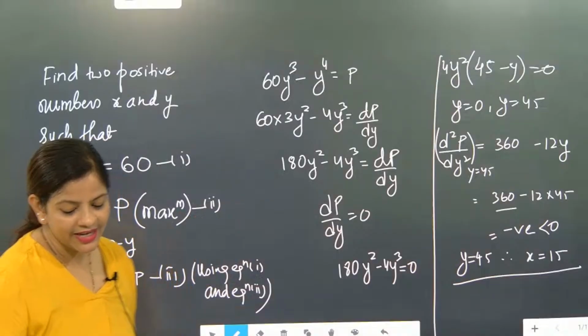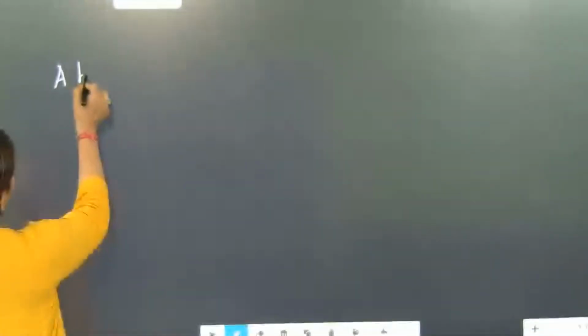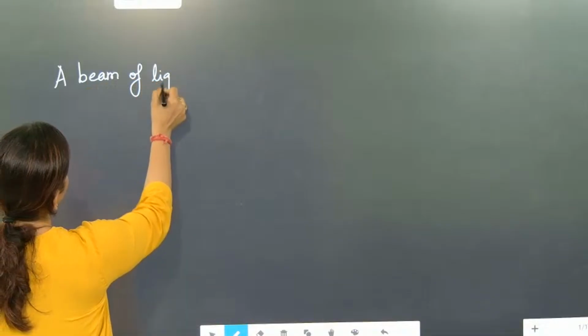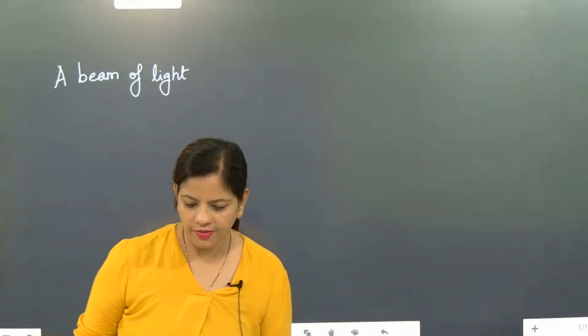A beam of light L is supported at two ends. Now go for it. A beam of light, remember this one.